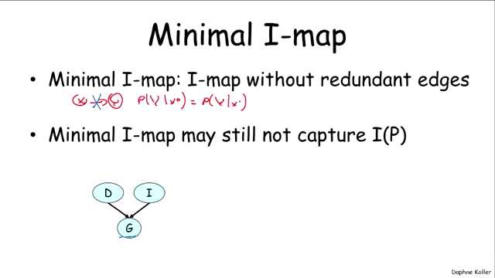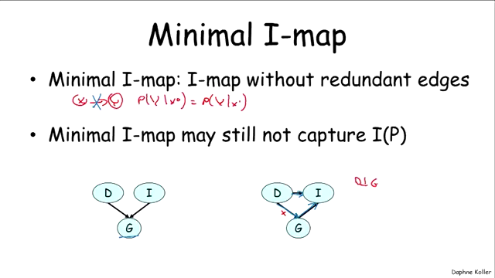A different minimal I-map is this one, where we have an edge that goes from D to I, from D to G, and from G to I. Let's convince ourselves that, in fact, this is a minimal I-map. Let's try and remove any one of those edges and see if we still get an I-map for the original distribution. So if, for example, we try and remove this edge, that would correspond to a statement that D is independent of G, which is certainly not the case in our original distribution.